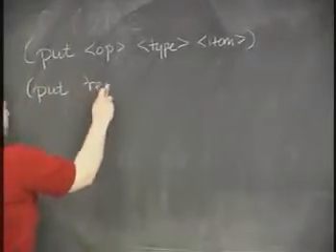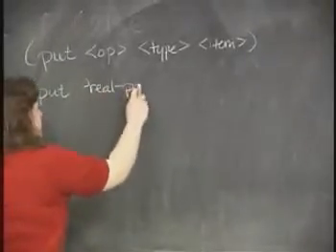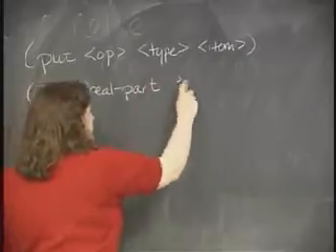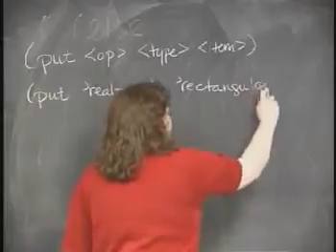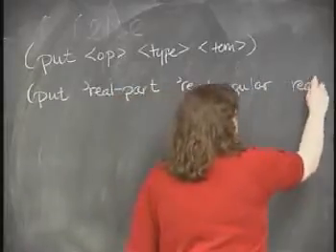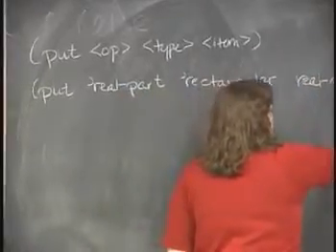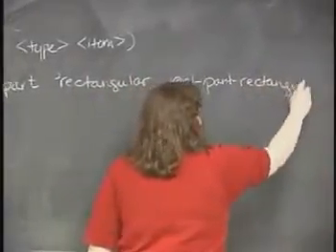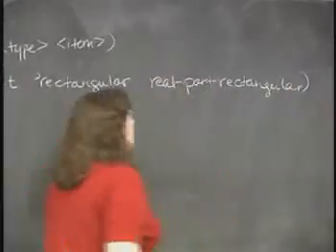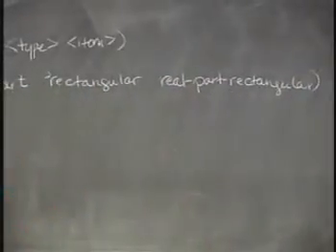We would write put, quote, real part, quote, rectangular, and then we would put in the procedure real part rectangular. Is this a scheme function? It's actually one that's built on top of scheme.